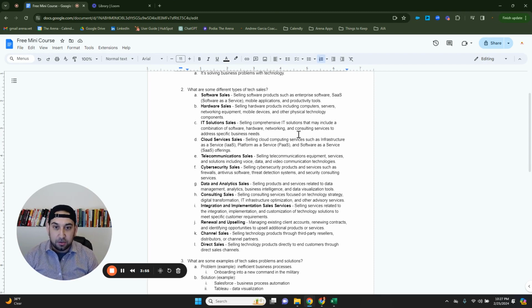Cloud services sales, or cloud sales, are the major cloud companies out there. In the Arena program we're going to get into this more, but there's infrastructure as a service, platform as a service, software as a service, and then there's on-prem. So there are 4 ways you can access information: on-prem, infrastructure as a service, platform as a service, and software as a service.